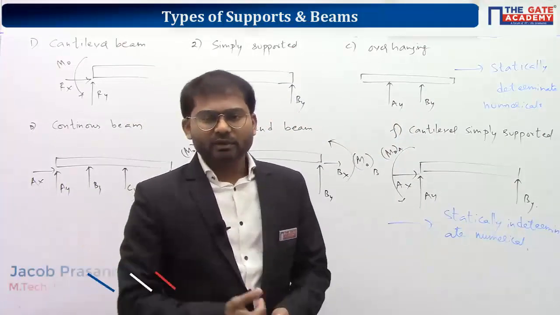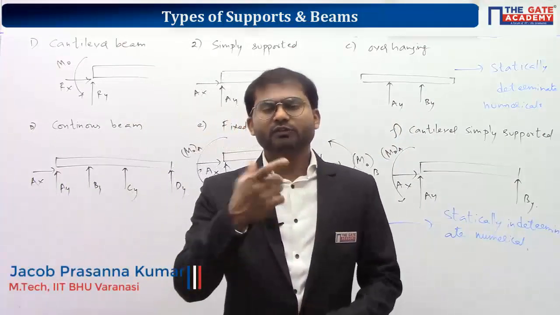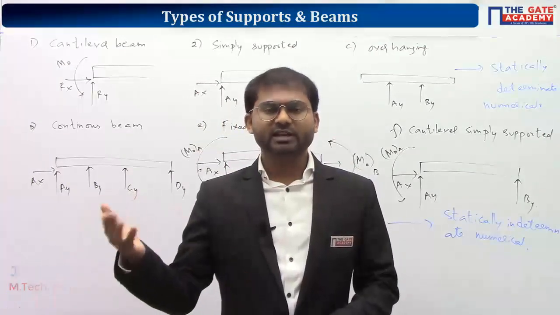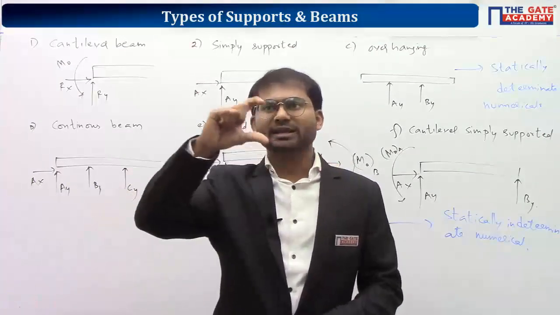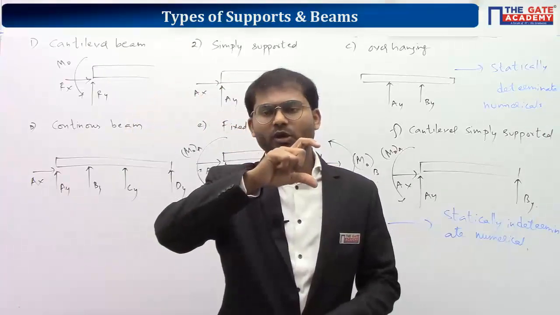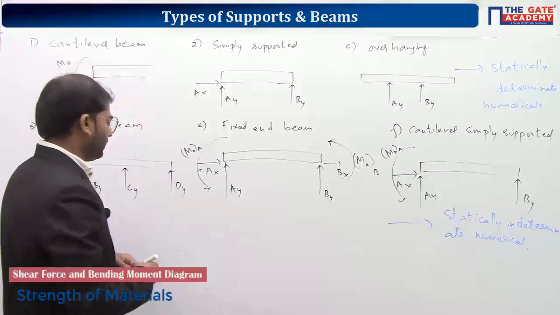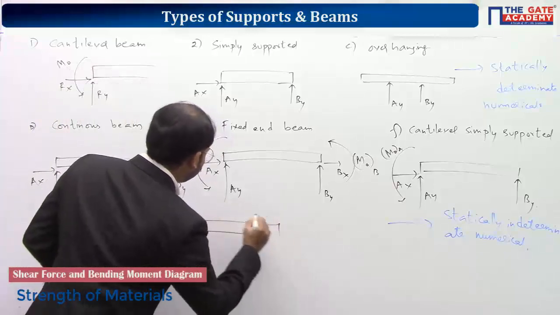So we are coming to these types of loads. Uniformly distributed load means intensity will be constant. Uniformly varying or varying distributed load means intensity will be increasing in a linear way, and we can have a load on a beam like this.